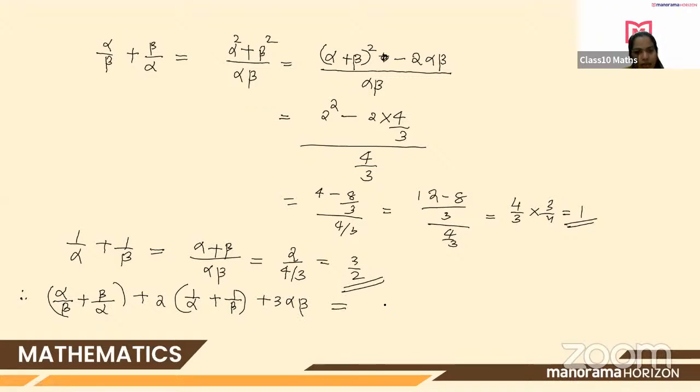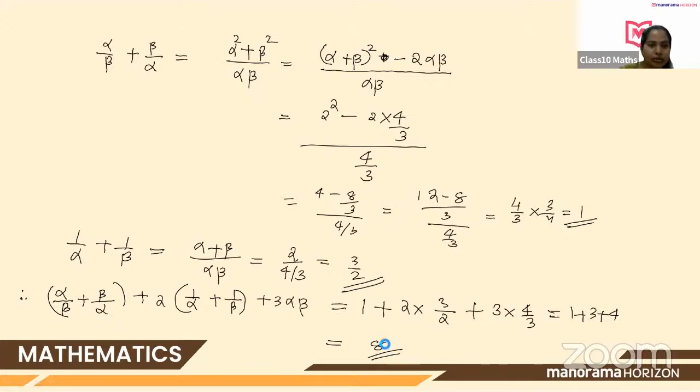So, alpha by beta plus beta by alpha, the answer is 1. So, 1 plus 2 into 1 by alpha plus 1 by beta is 3 by 2, plus 3 into alpha beta is 4 by 3. And the answer will be 8, which is equal to 1 plus 3 plus 4, and is equal to 8.